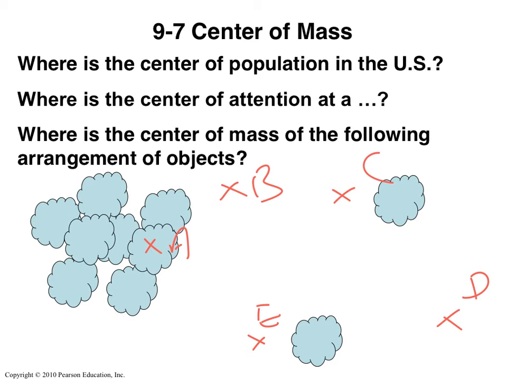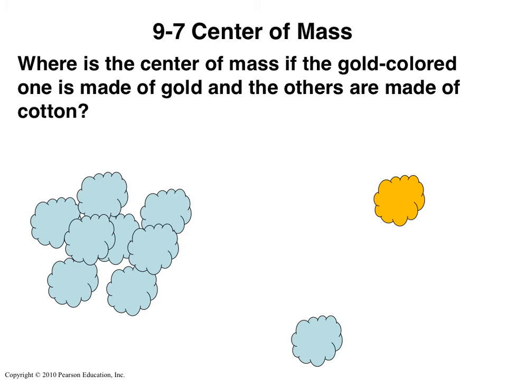But you actually make an implicit assumption there. That is that all those objects are the same. What if I told you these are all cotton balls, but that one is a solid piece of gold? Where is the center of mass in this case? Gold's heavier.